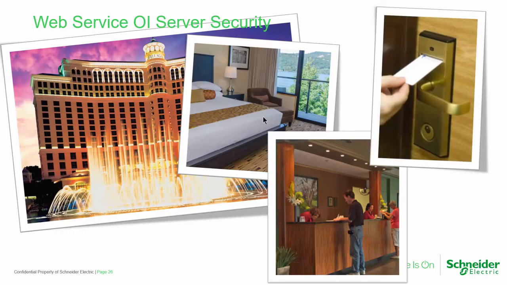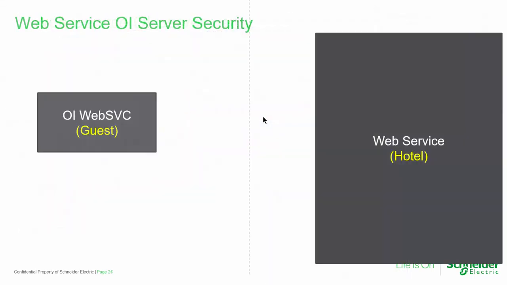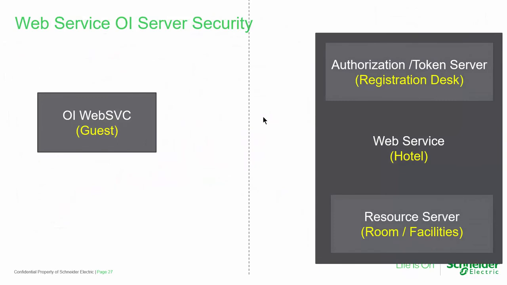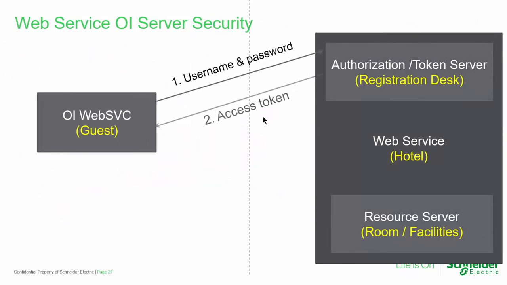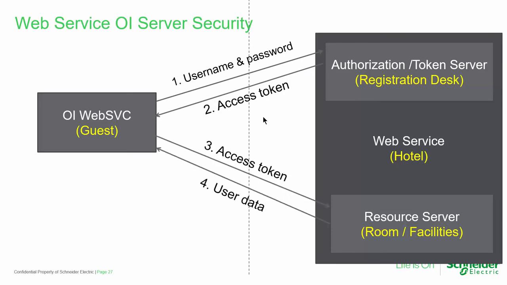Now, if we expand this to the web service example, first you go to the registration server, they give you an access token, and once the web service has that access token, you can then go back and forth with the resource server without having to go back to the registration desk.